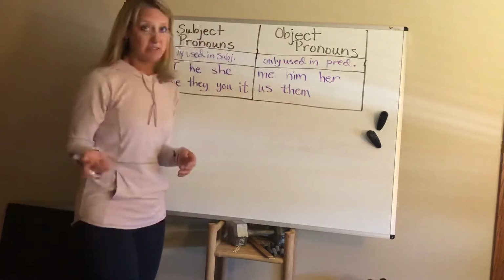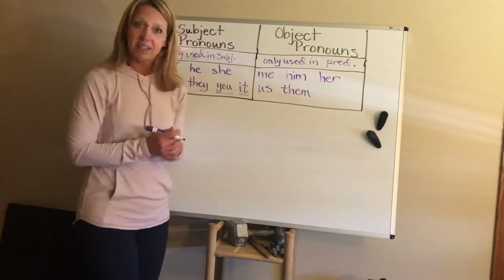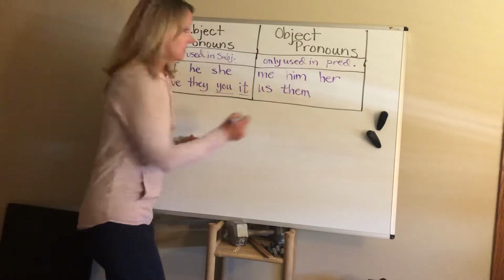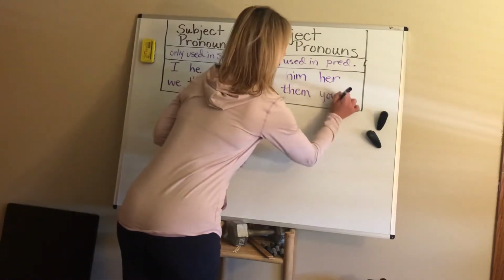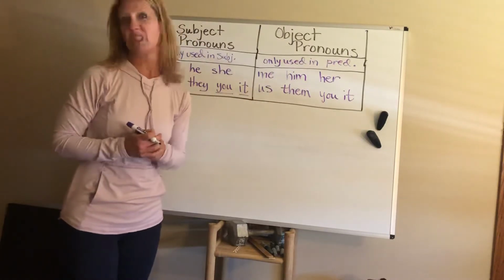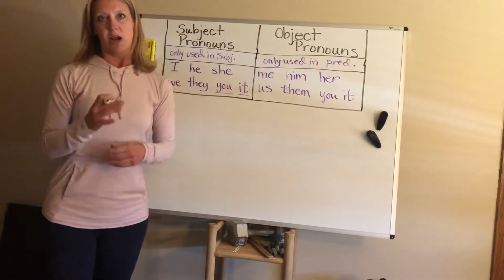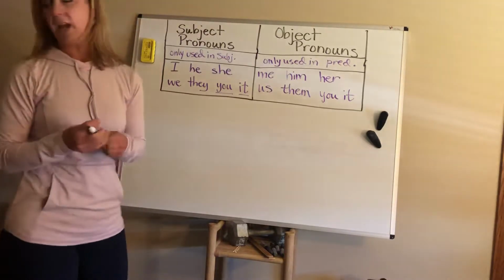Now the interesting thing is that the words you and it, they're on both of the lists. So you and it, they can be used anywhere in a sentence. It really doesn't matter.